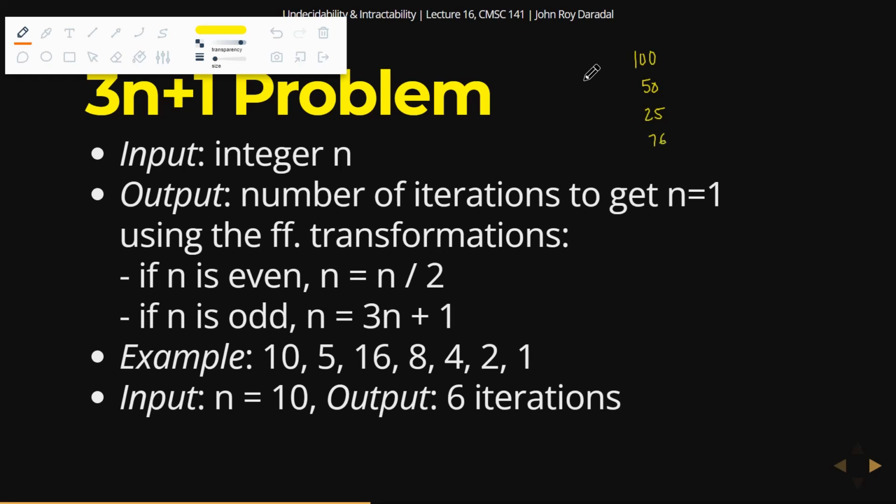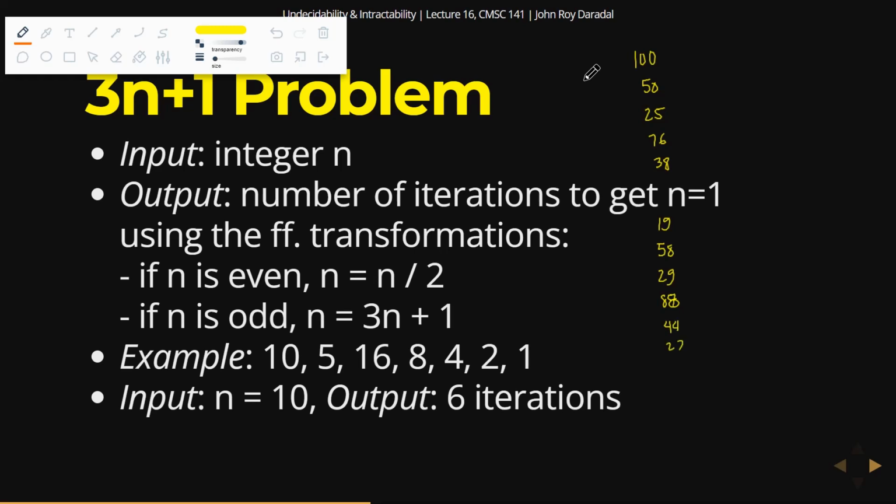Divide by 2, this is 38. Divide by 2, this is 19. Now this one is odd, so 19 times 3 is 57, plus 1, 58. 58 divided by 2 is 29. This one is odd, so times 3 plus 1. 29 times 3 is 87, plus 1 is 88.